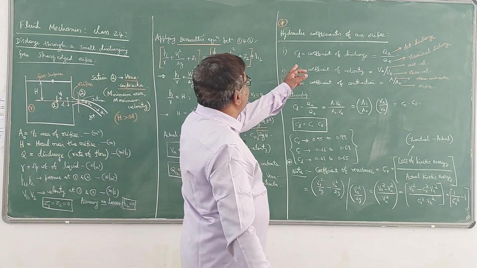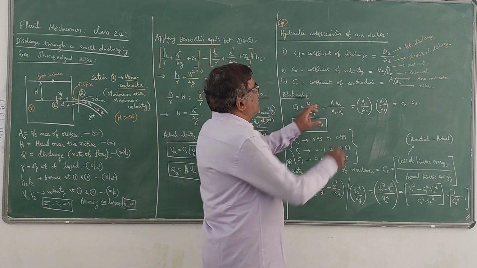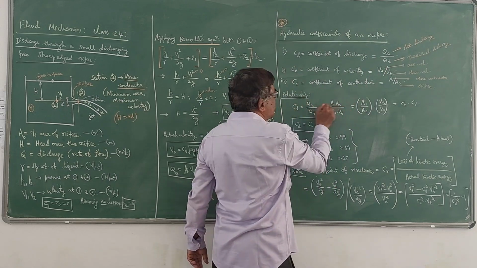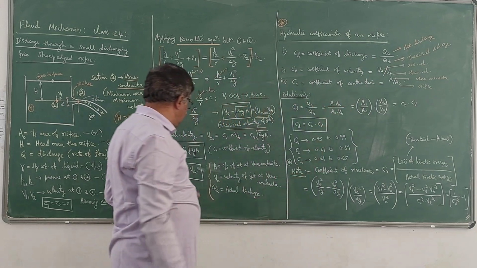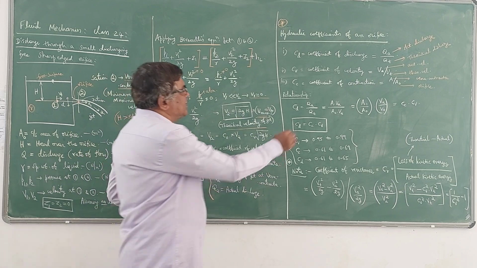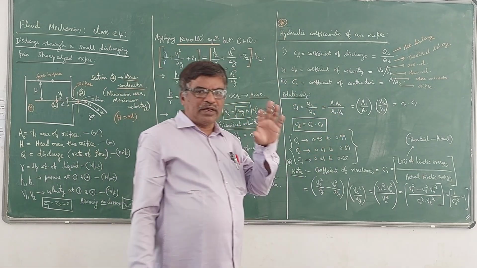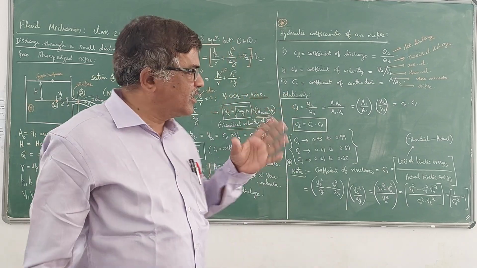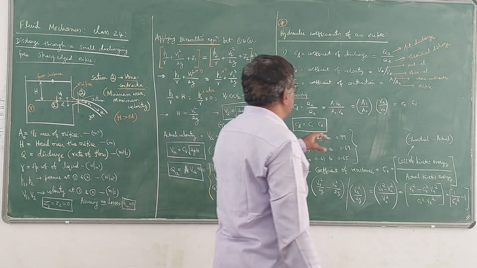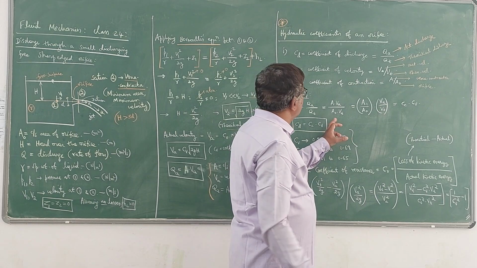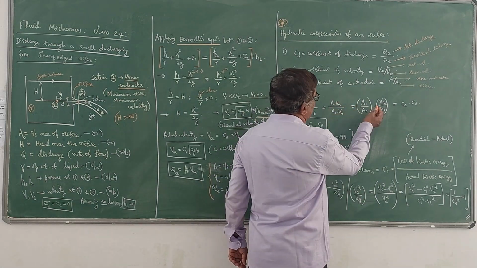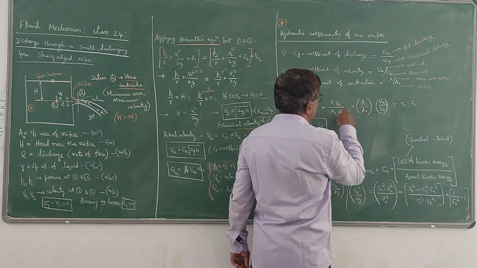You have the definition of Cd as Qa by Qt. This Qa, as per the definition, is A into Va. Qt is A0 into Vt. That means you take the area of orifice multiplied by theoretical velocity to get the theoretical discharge. Now if you separate them, A by A0 I will take separately, Va by Vt I will take separately.